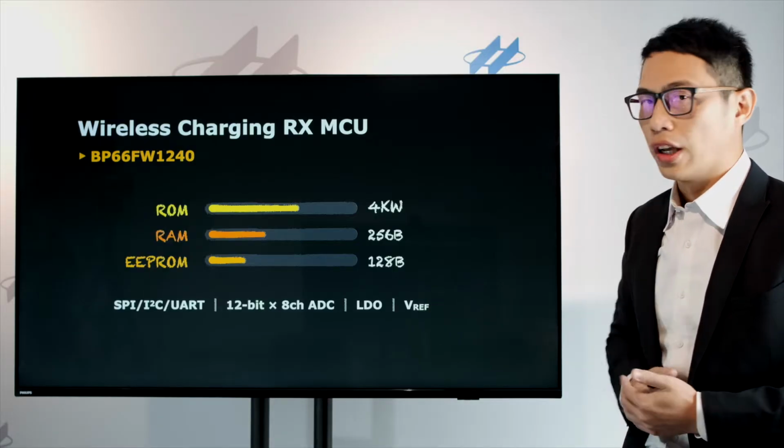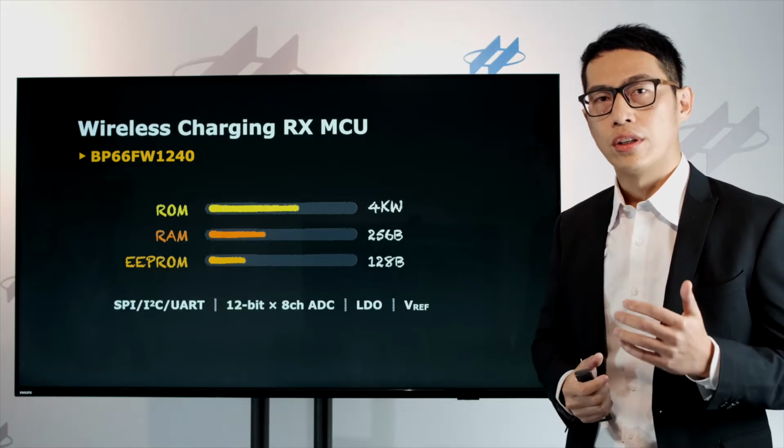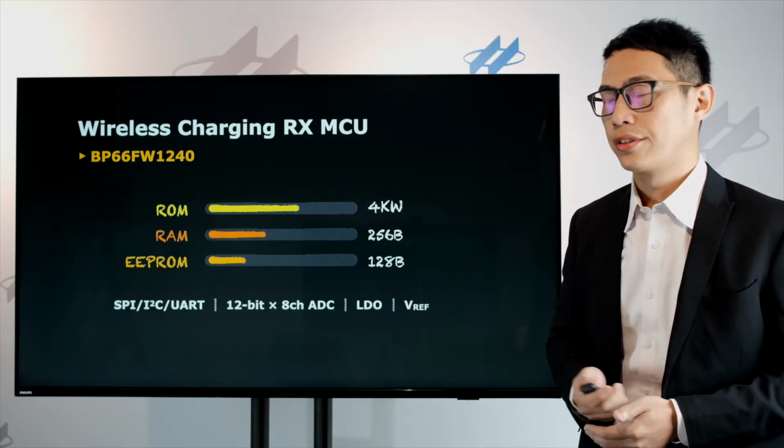So we must use an LDO to get a stable voltage to provide to our microcontroller and other systems. And we also have an ADC reference voltage, so you can also save external components.